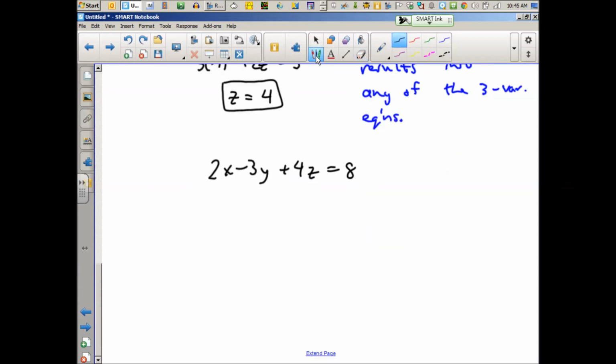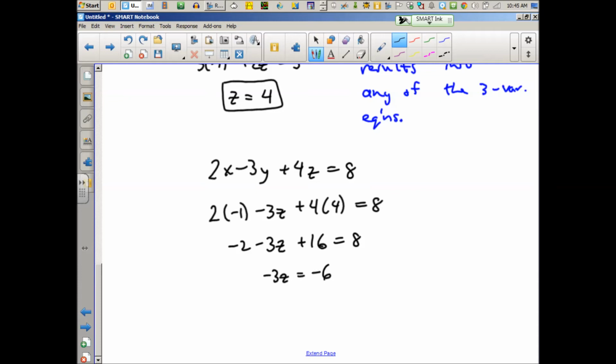So x is negative 1. And z is 4. So you end up with negative 2 minus 3z plus 16 equals 8. Negative 3z equals negative 6. And finally z is 2.